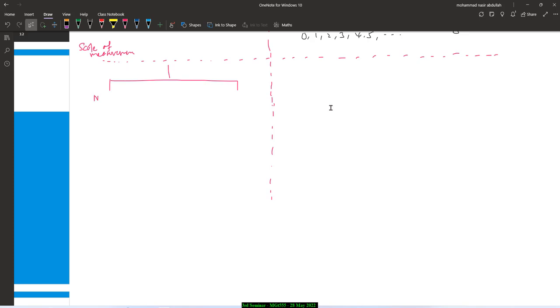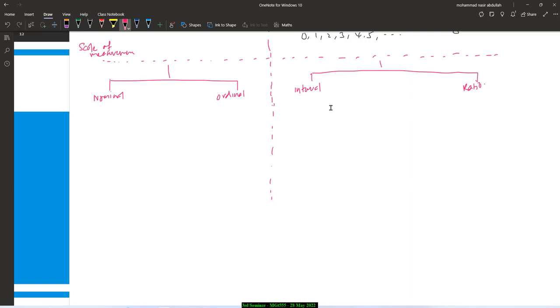First is nominal scale. Another one is ordinal scale. For quantitative, it can also be divided into two parts. First is interval scale. Another one is ratio. All of these are available in your book, you can read. But I am explaining to you so you can understand.